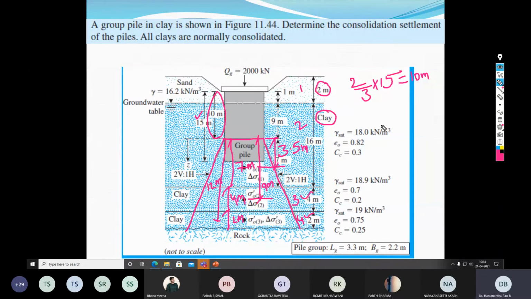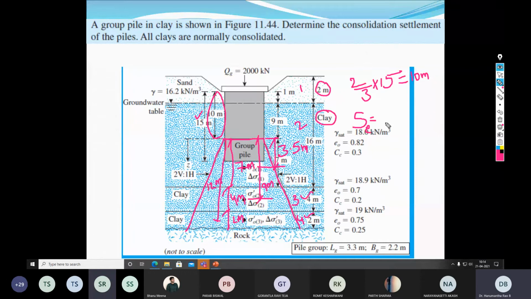Anybody could tell me what is the equation to calculate the consolidation settlement Sc?